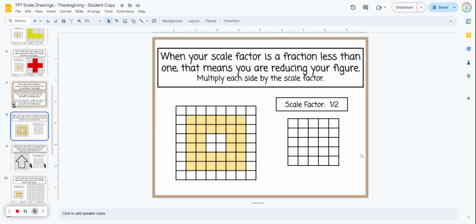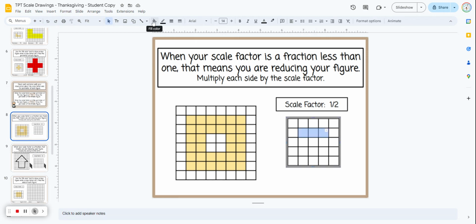Now here we're going to see what happens when they have a scale factor which is a fraction less than 1. And if it's a fraction less than 1, that means the new figure is going to be smaller. So here we're going to take the measurement, the units on each side, and multiply by 1/2 or divide by 2.